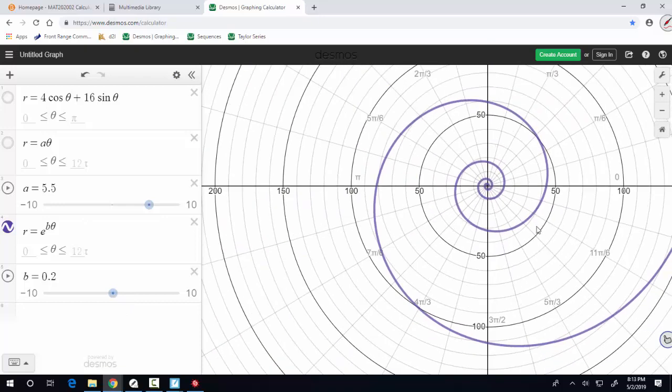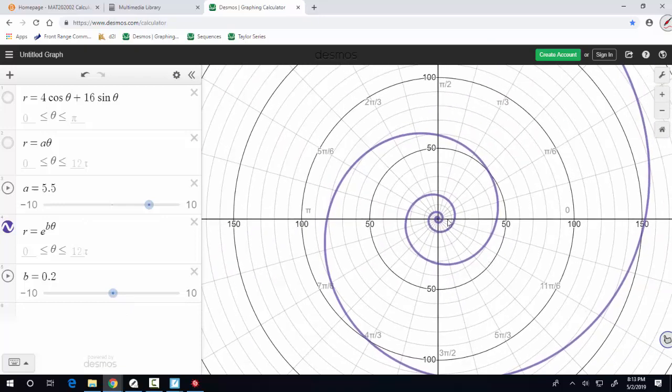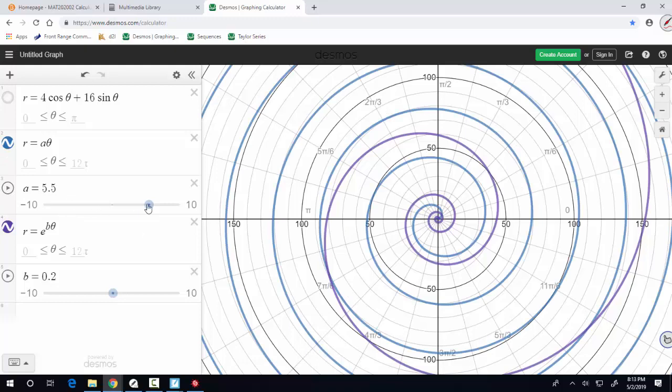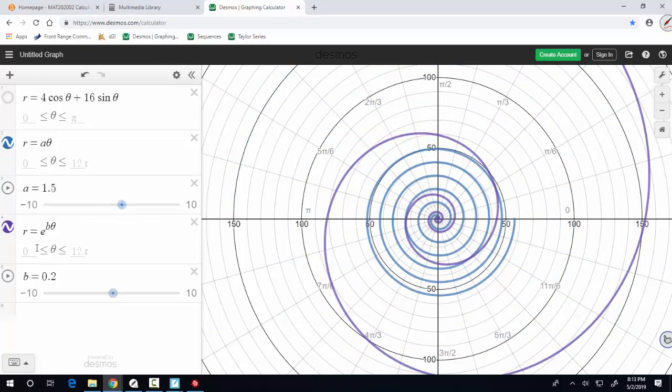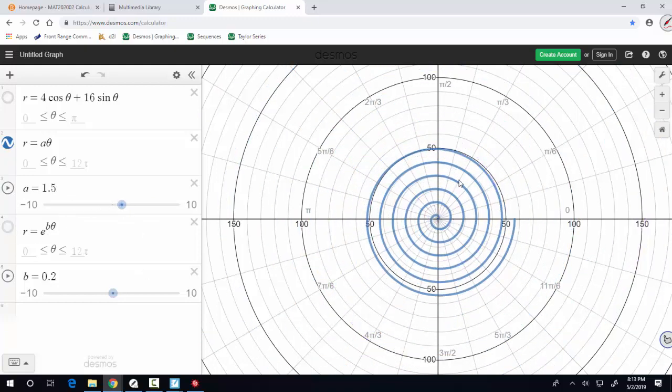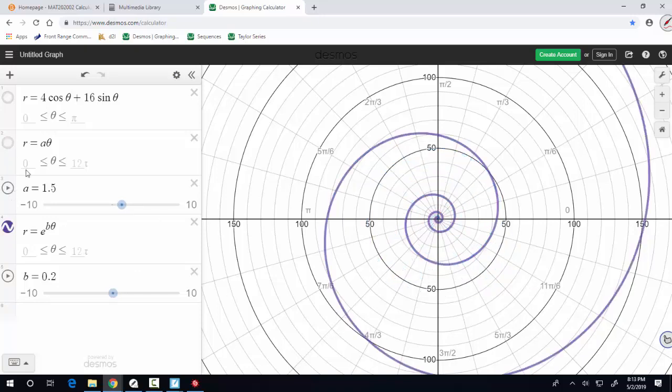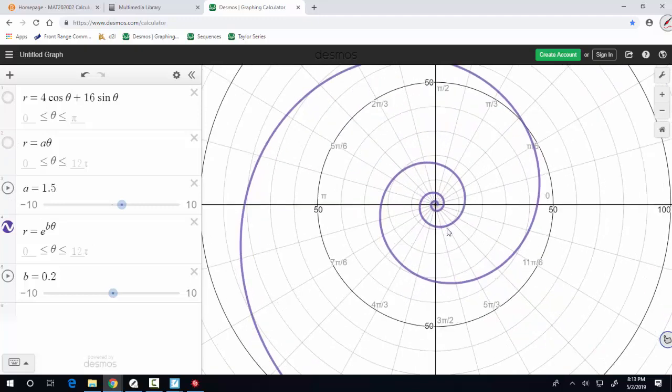Maybe you can see, sometimes it's subtle, but see how this is spiraling out exponentially, whereas the Archimedean spiral has equal spacing between. So some variant of this is our golden spiral, Fibonacci spiral.